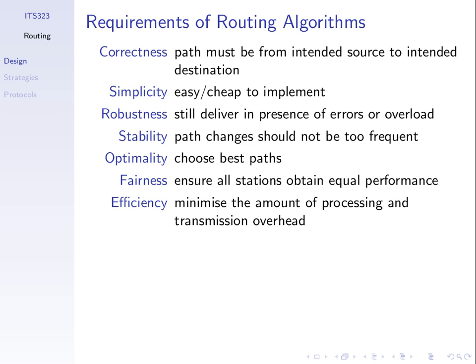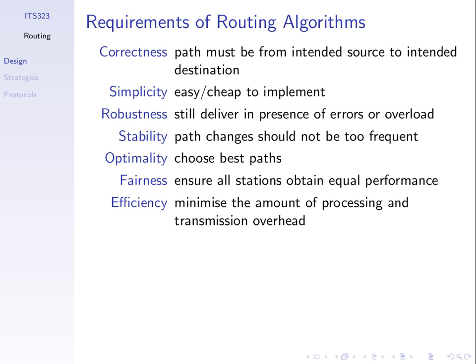We'd like an algorithm such that it doesn't matter who the source and destination is, they are treated equally. That may arise in very special circumstances when it depends upon the metrics and the algorithm used. But it's possible that an algorithm may choose paths which are good for some nodes but bad for other nodes. We'd like it to be the same for all nodes. I think we'll not try and give another example of that.